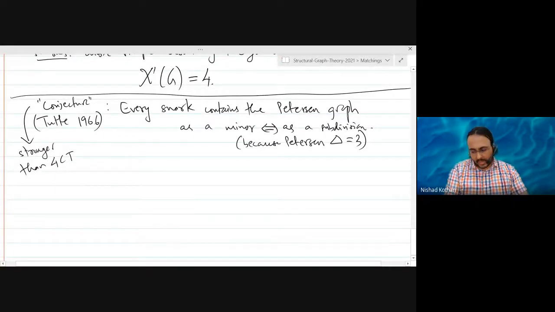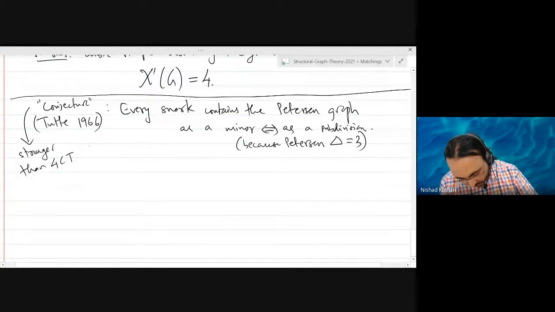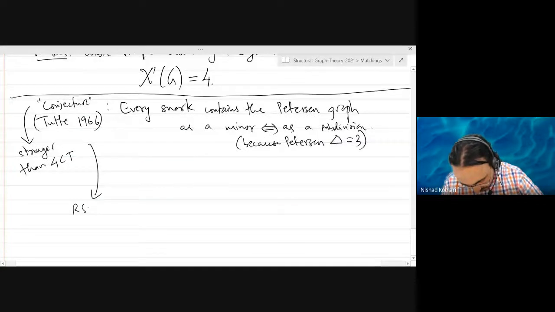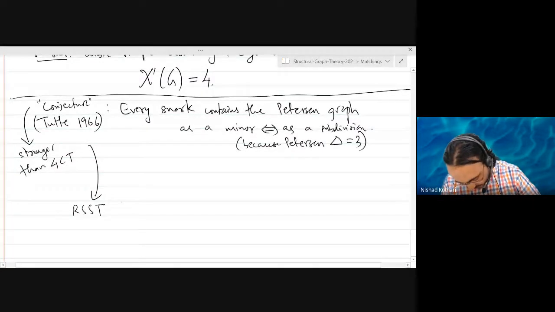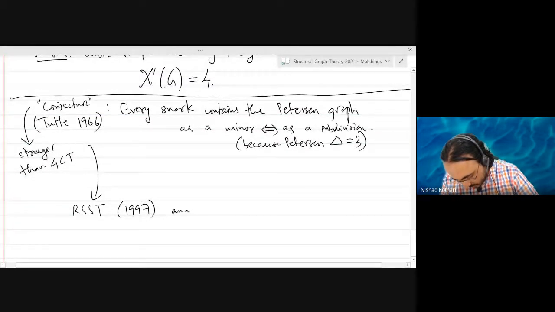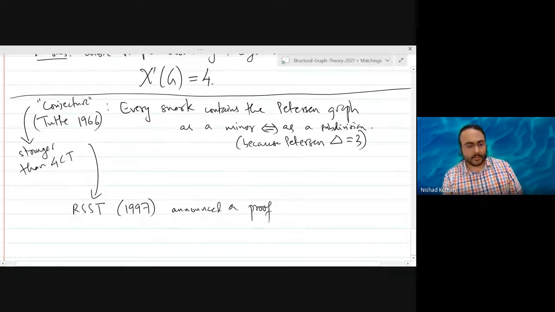So a proof of this has been announced in 1997 by the same authors who proved the four-color theorem in 1996. So Robertson, Sanders, Seymour, and Thomas. And I think the proof was just next year, 1997. They have announced a proof. Of course, this proof is more complicated than their proof of the four-color theorem.